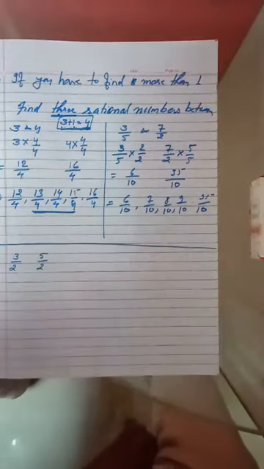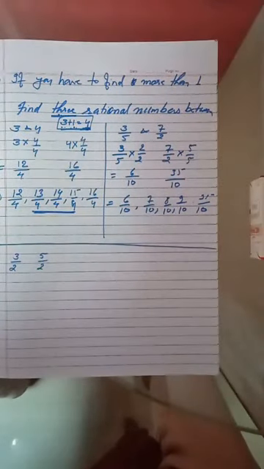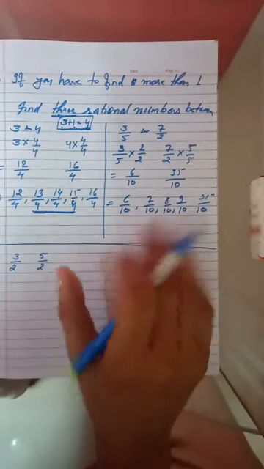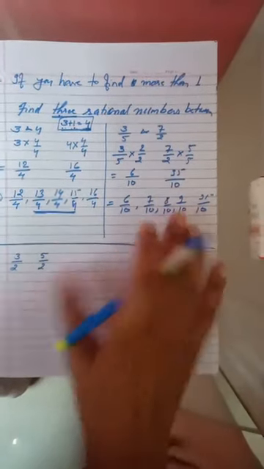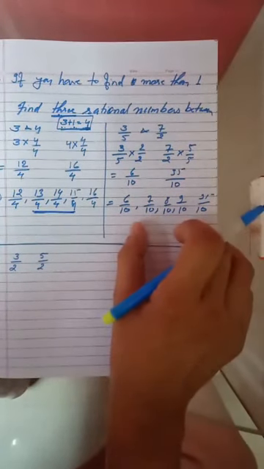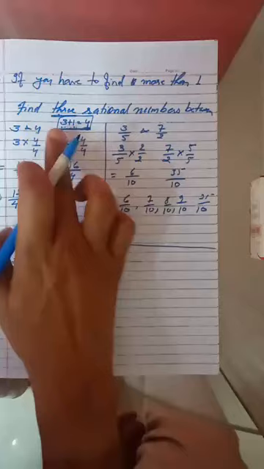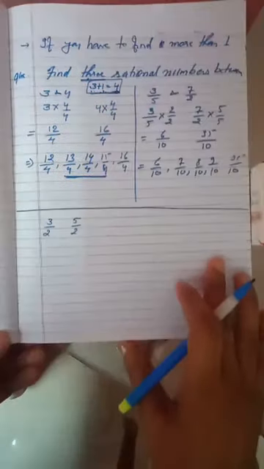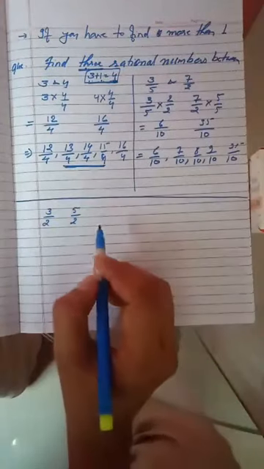So you can find these types of so many numbers between the two rational numbers. Whenever you are unable to find these three numbers, then you should go with this process also. Maybe in the next question we will see this type of process also.